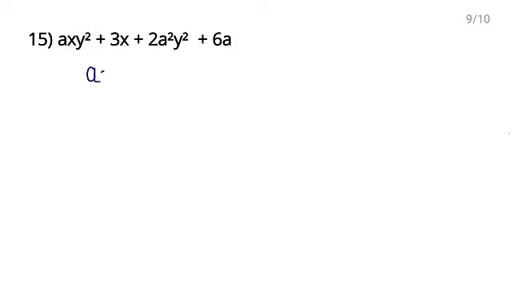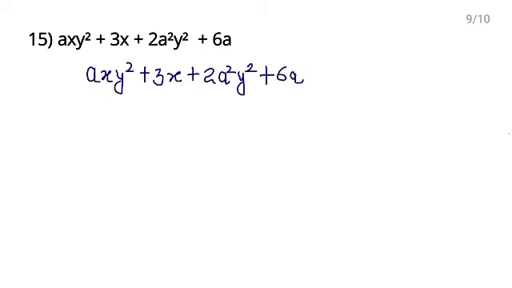Next question number 15. This is axy square plus 3x plus 2a square y square plus 6a, right? Now in these two terms we can take a and y square common. दोनों में हम क्या ले सकते हैं? a and y square common ले सकते हैं, right?